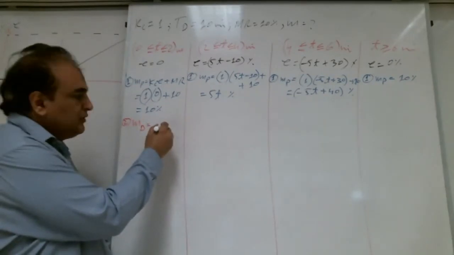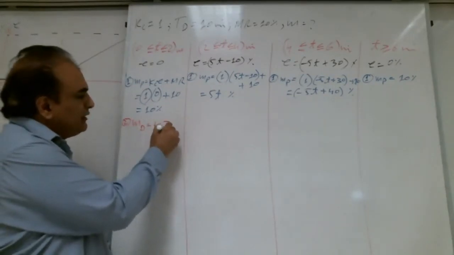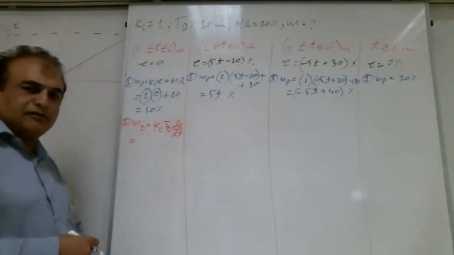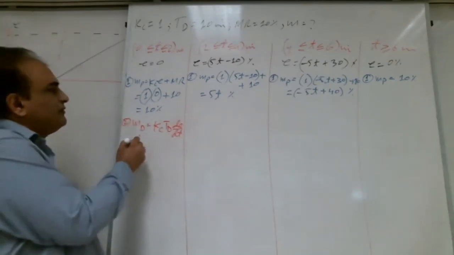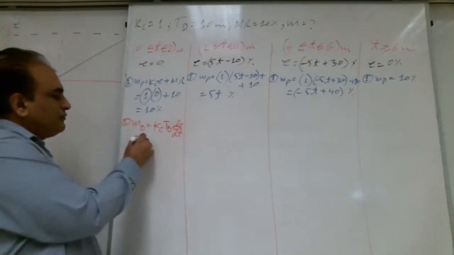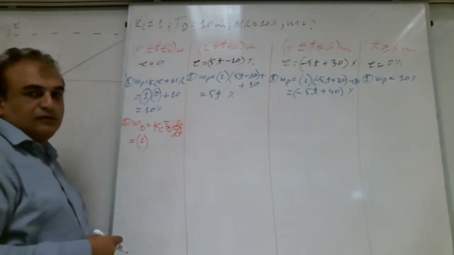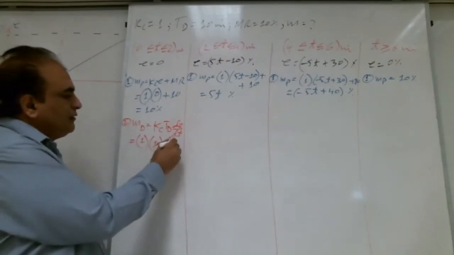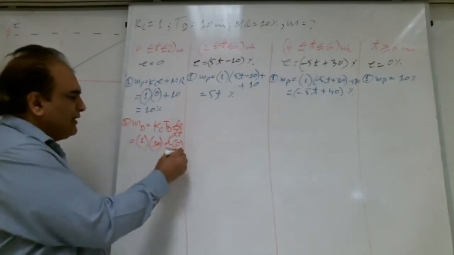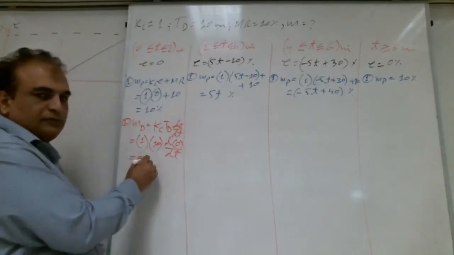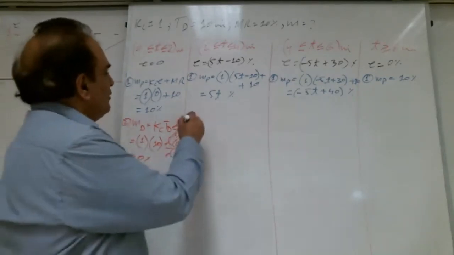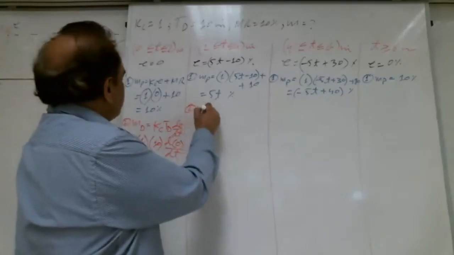KC multiply TD, D over DT, very good. So KC how much, Shabab? 1, that's good. TD how much? Derivative of 0 is how much? 0. That's good.